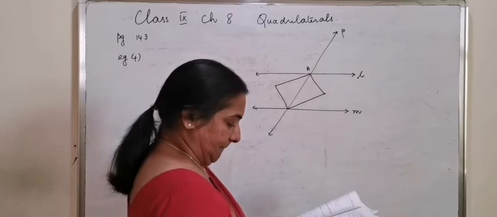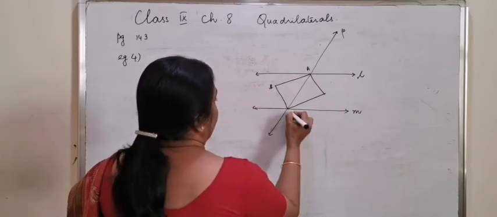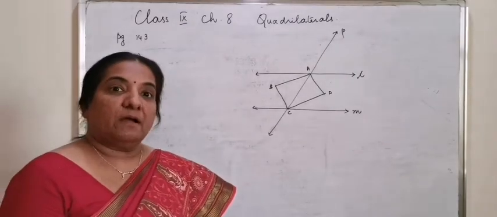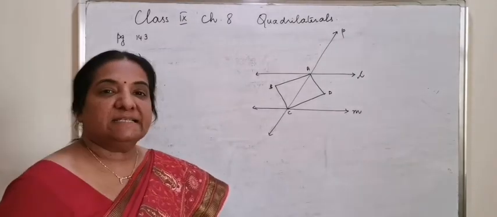A, B, C, D. So, how do we prove that ABCD is a rectangle?